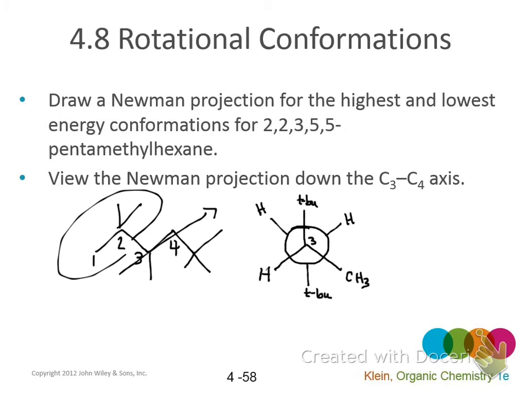Okay, what would the highest energy configuration be? Yeah, but you notice it doesn't say the highest staggered. The highest configuration would be the eclipsed. So if I said the highest staggered, then the answer is to put the T-butyl group between the T-butyl group on carbon 3 and the methyl group.